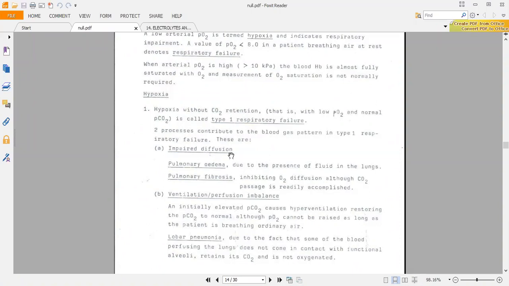This is a case where the person is fine. The only problem is that the oxygen the person is breathing in cannot diffuse across the alveolar membrane to the capillaries to oxygenate the red blood cells, because something has come to increase the resistance.